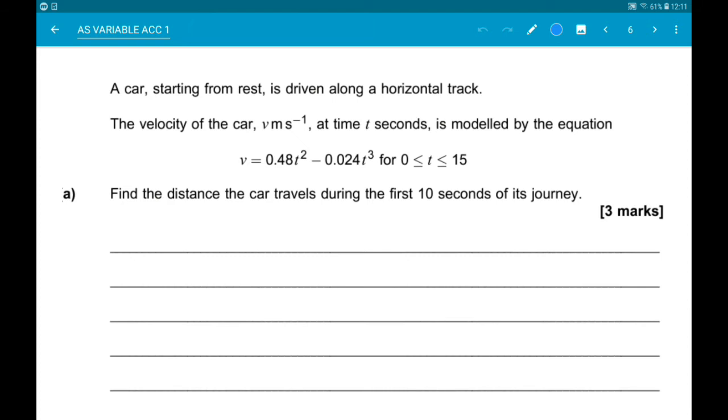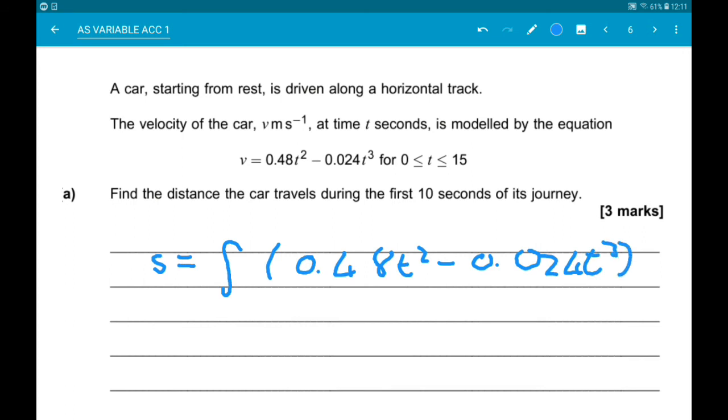So we need to integrate to get displacement. So s is the integral of 0.48 t squared minus 0.024 t cubed, with respect to t.